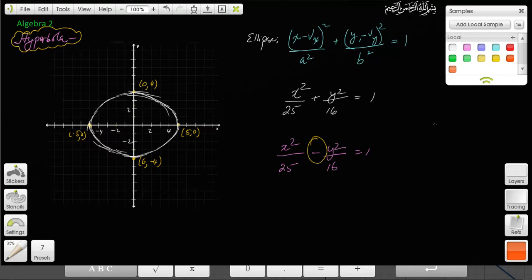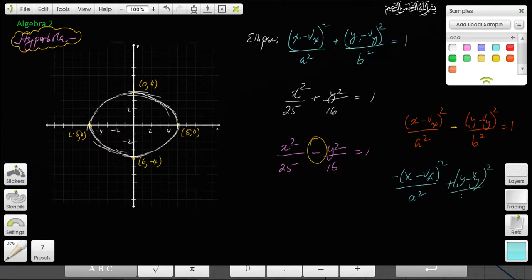So the general equation for a hyperbola is this: (x minus Vx) squared over a squared minus (y minus Vy) squared over b squared is equal to 1. The other version, where I put the negative sign over here, you can write like this: negative times (x minus Vx) squared over a squared plus (y minus Vy) squared over b squared equals 1.